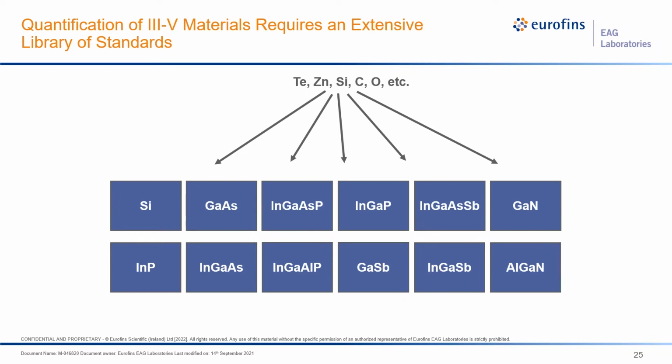To be able to do a proper, accurate calibration of compound semiconductors, you have to have the relevant reference material, relative standard. This is why EAG at this point has more than 6,000 standards to be able to do reliable SIMS characterization.